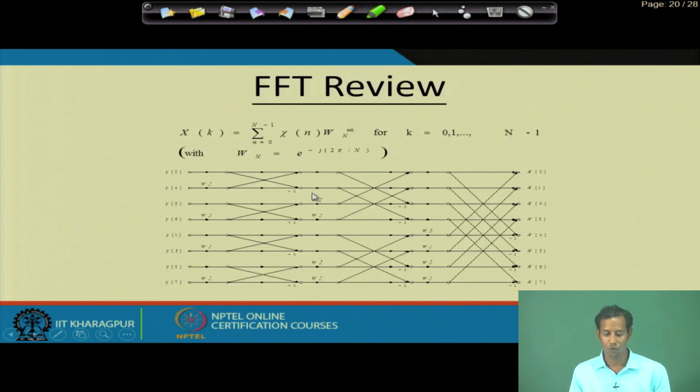Okay. So this is the decimation in time fast Fourier transform architecture.